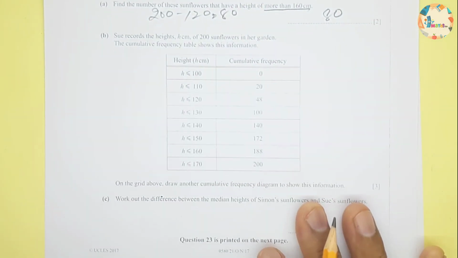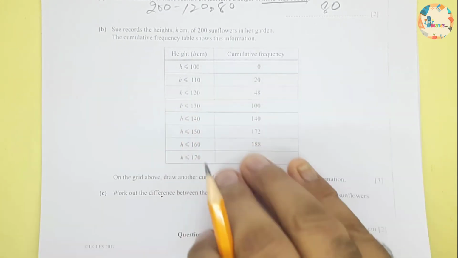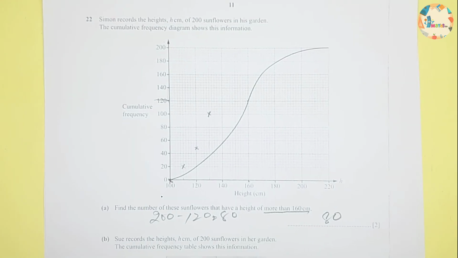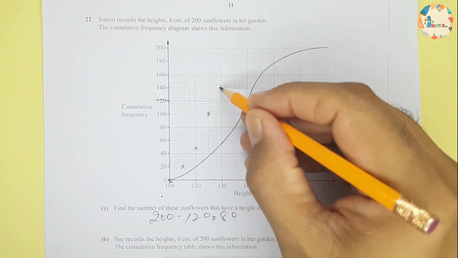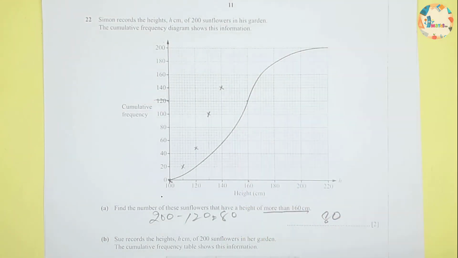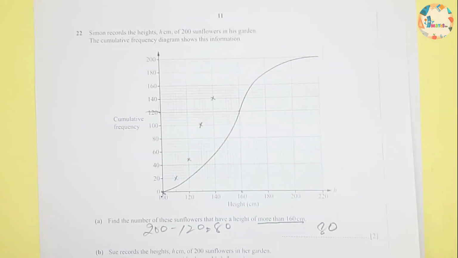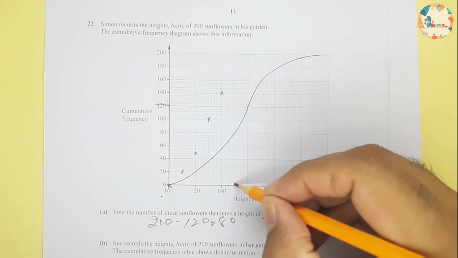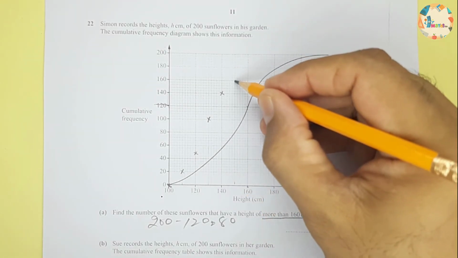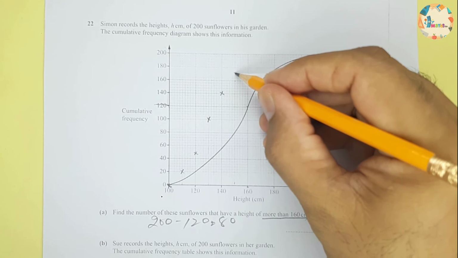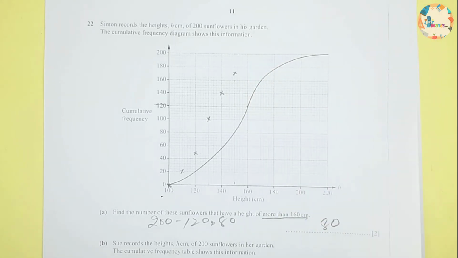Then less than or equal to 140 is 140, this mark. And less than or equal to 150 is 172, so 150 and 172 roughly around here.